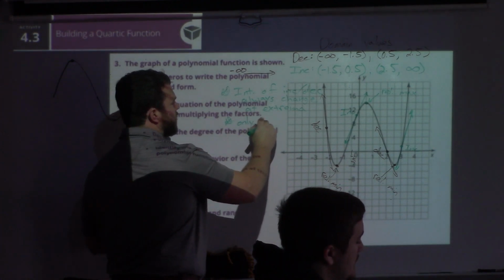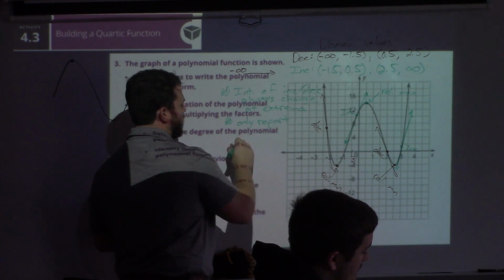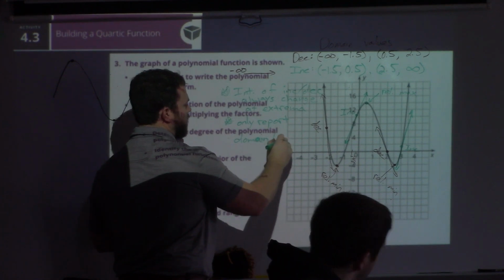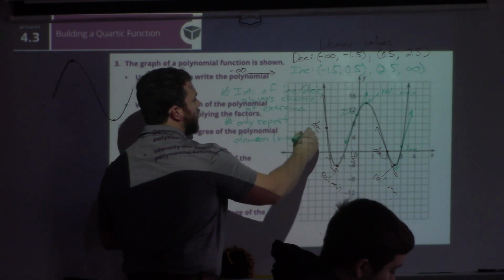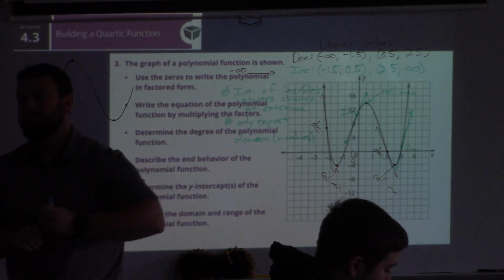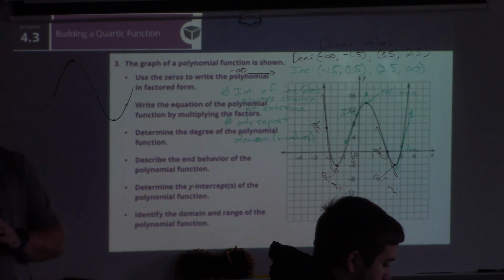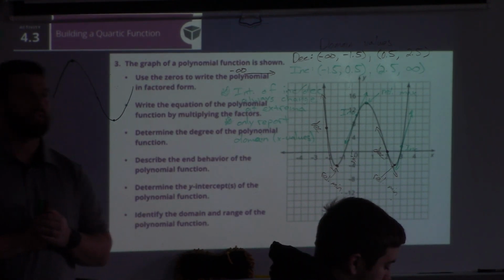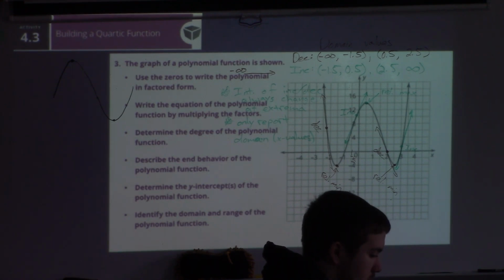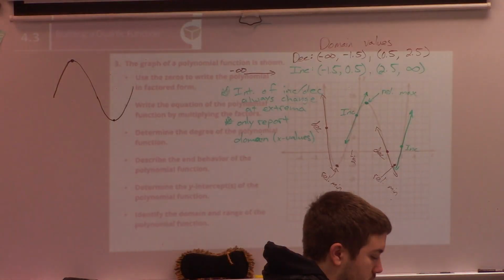Only report x values. Remember, that's why I add that extra word in. It's implied, but most people just say intervals of increase, decrease, but I'll read it out if you need me to. It's the domain intervals of increase, decrease.